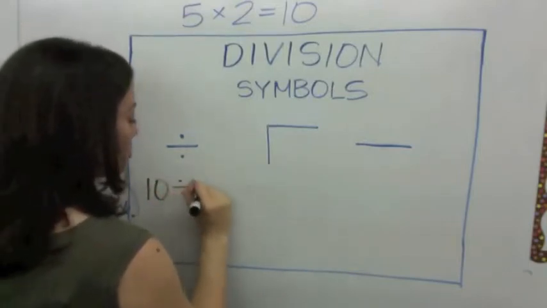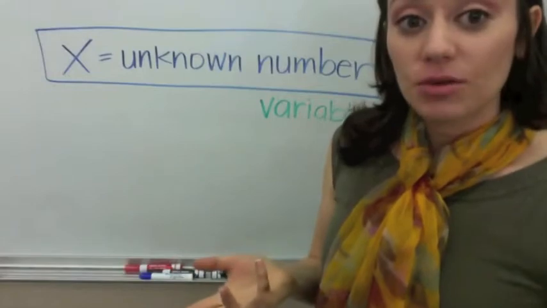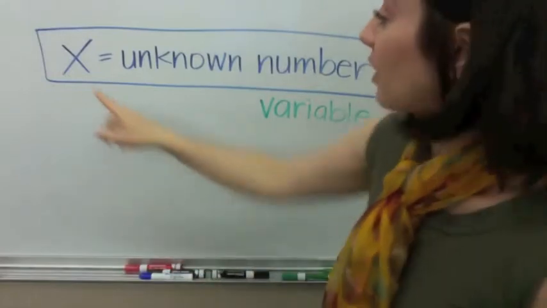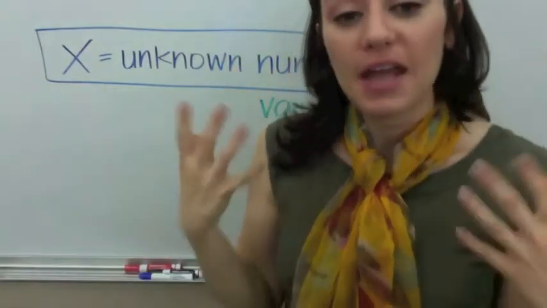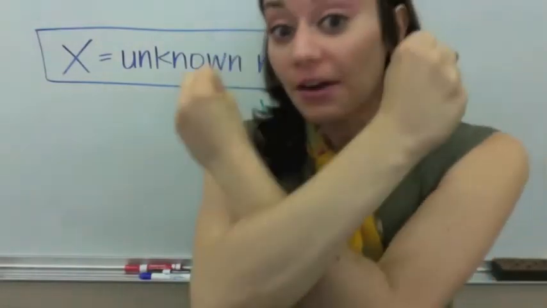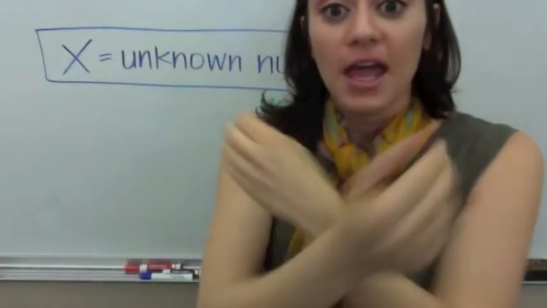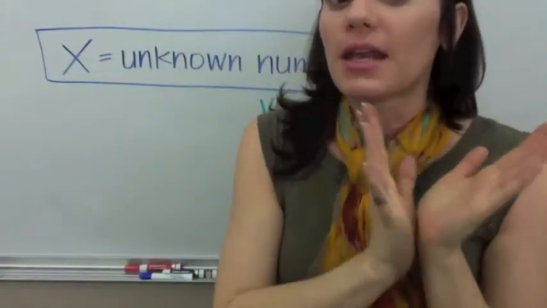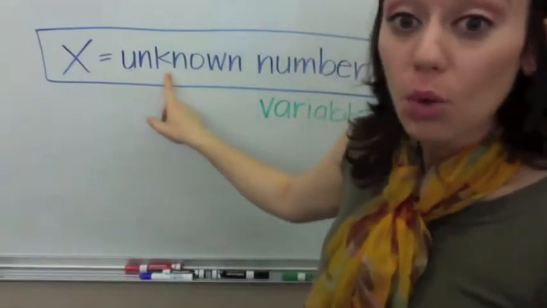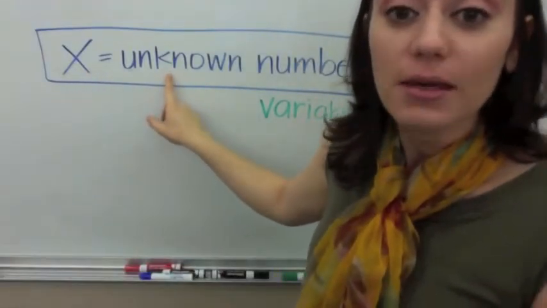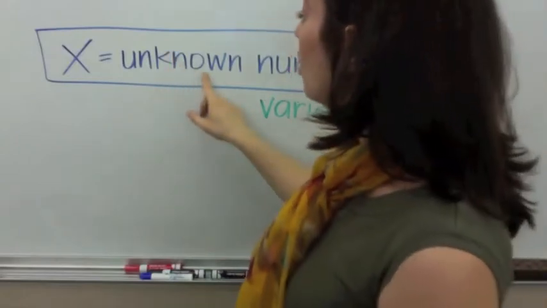divided by 2. The last thing I'm going to teach you is another meaning for x, because we know that x usually means multiply, right? But in algebra, x is a letter. It's a letter. And letters represent numbers. So x, you don't know what it is. It could be any number. So we call it an unknown number.